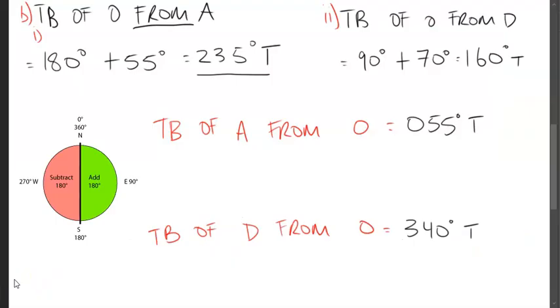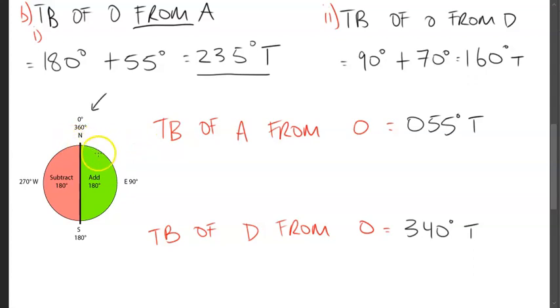Now, a much simpler way of working out back bearings when you have a different from place is using this little diagram here. Now, this is what I did not teach within class for those who are watching.